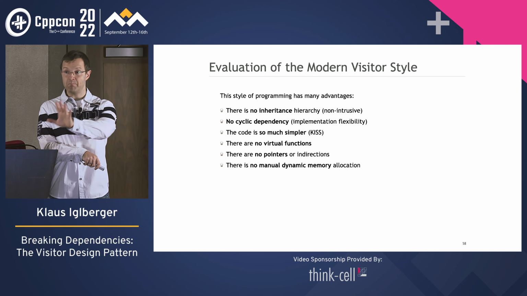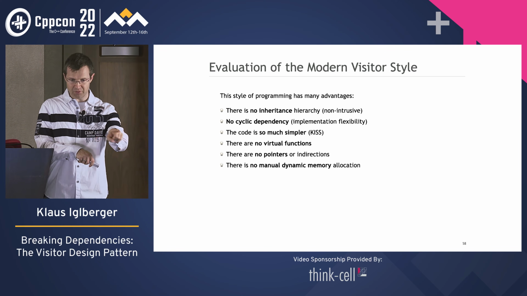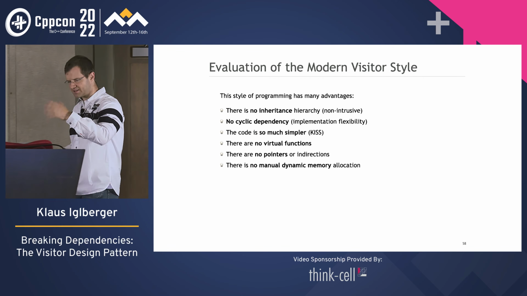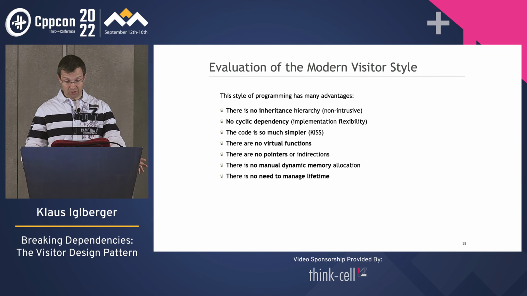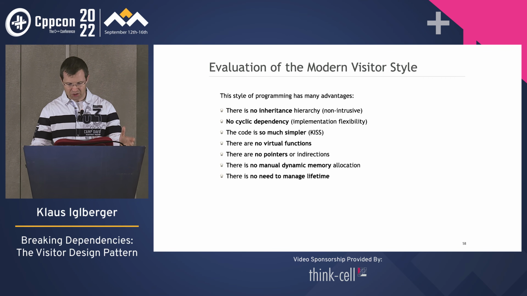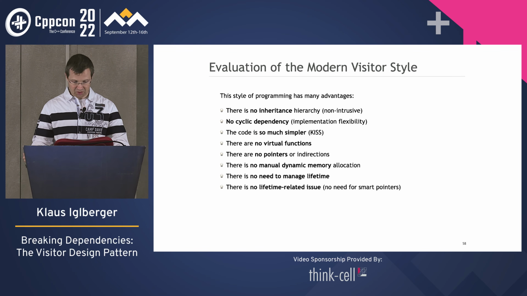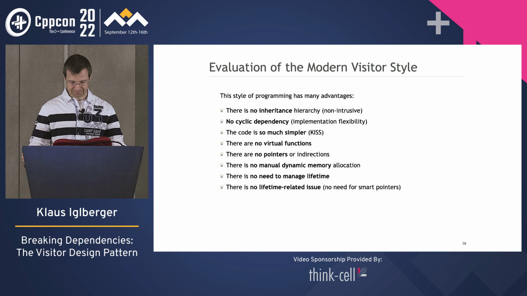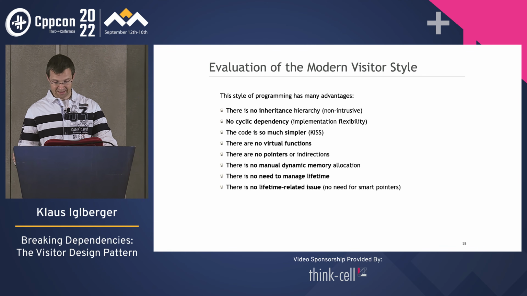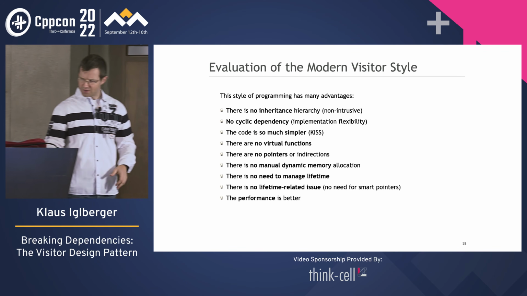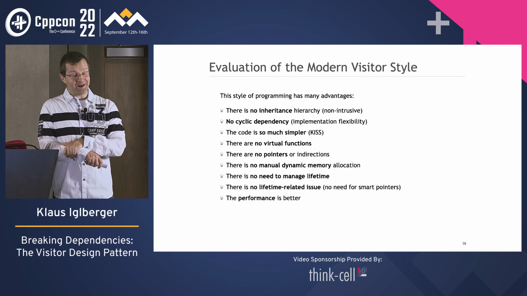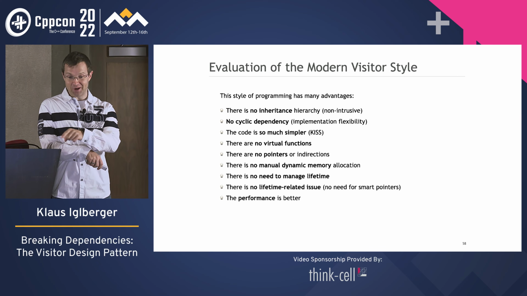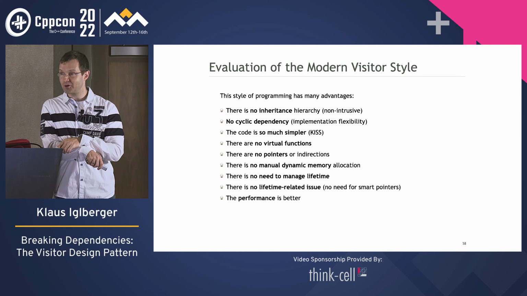Note that I say manual, so you don't allocate with, for instance, a make_unique. Somewhere inside a vector, of course, there is a dynamic memory allocation. And there is no need to manage any lifetime. It's done automatically. After all, we have values. And so, of course, there's also no lifetime-related issues anywhere. No need for smart pointers, and the performance actually might even be a little better. An amazing list. This is what we want. This is what we actually desire in our code.